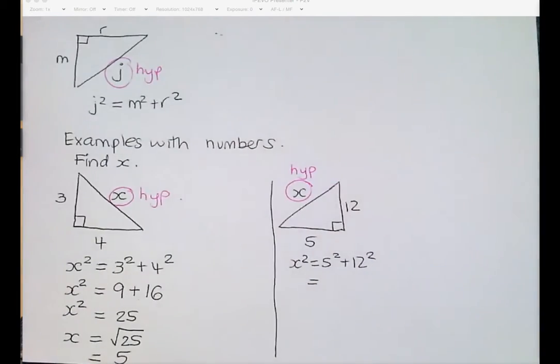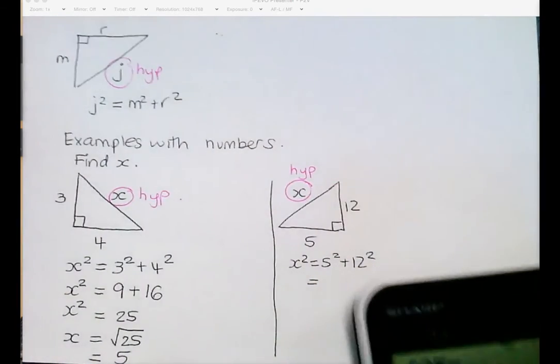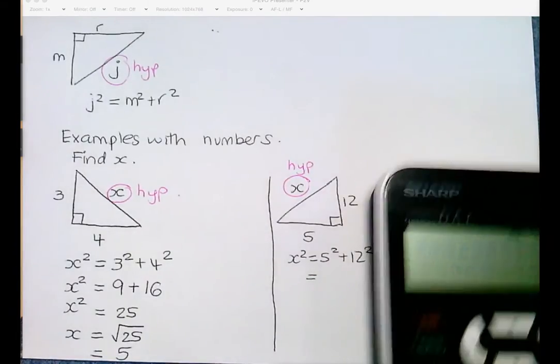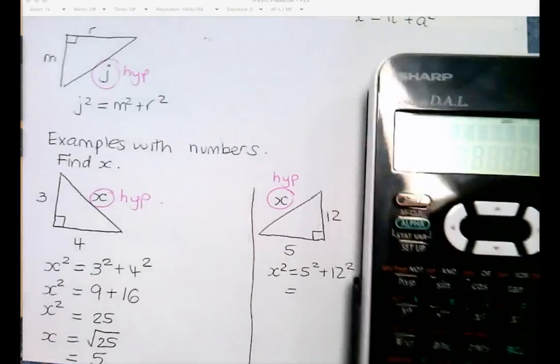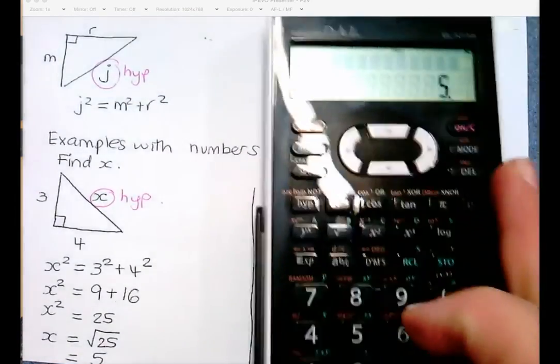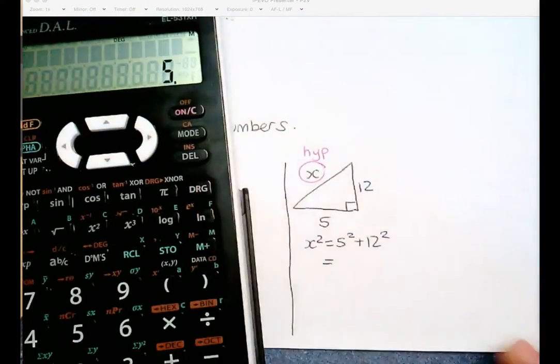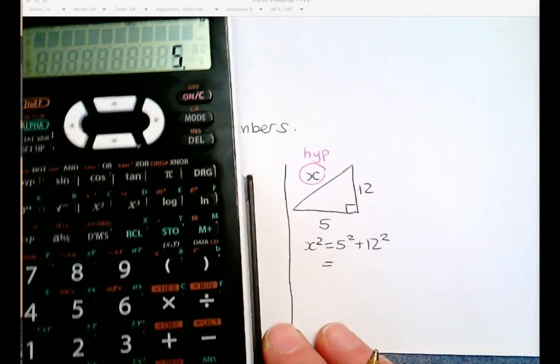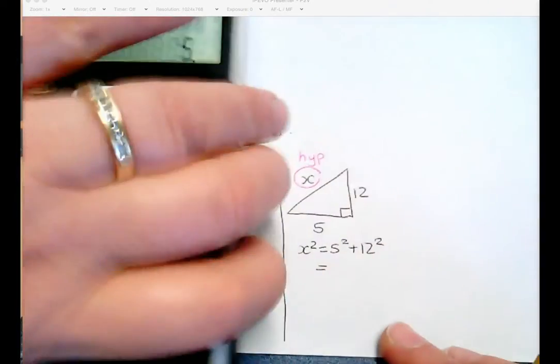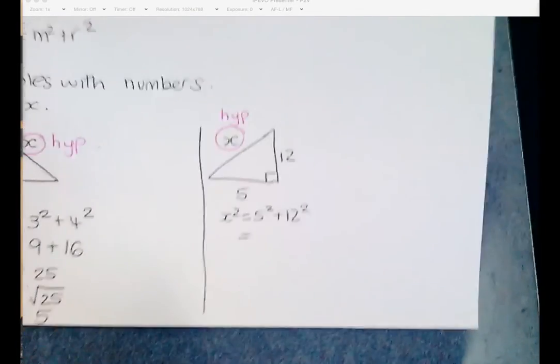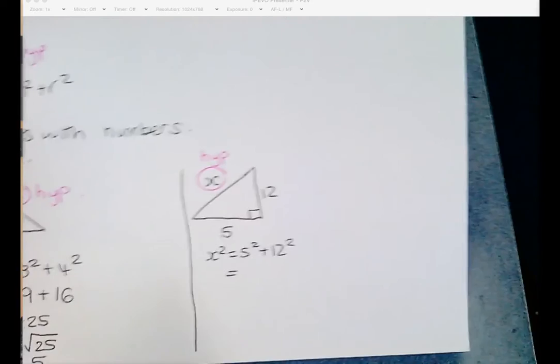Girls, if you want, you can work out 5 squared plus 12 squared all in one go on your calculator. I'm just going to do it here. What's 5 squared?